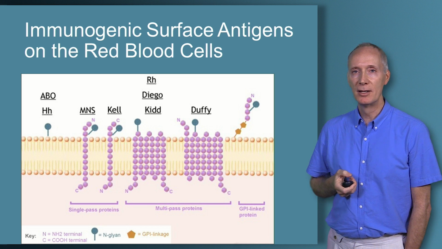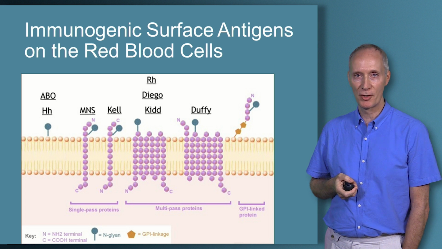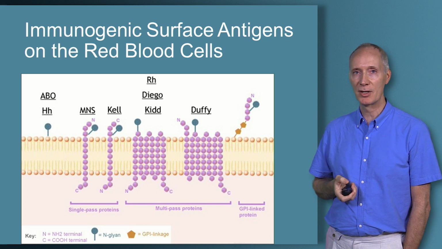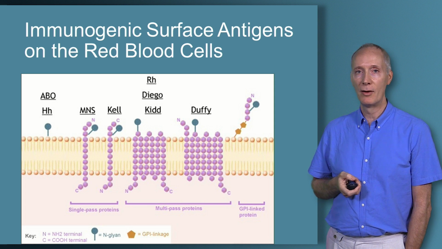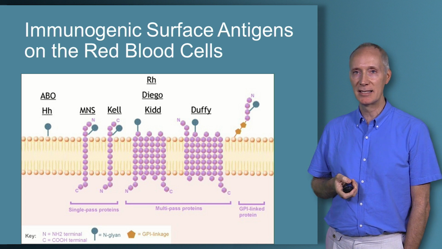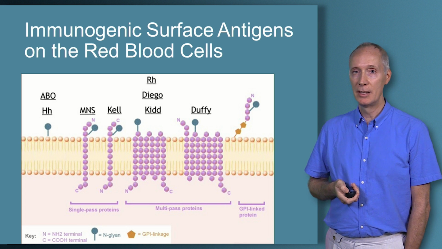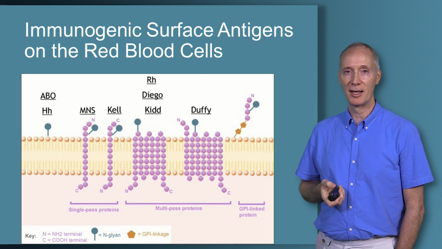Now, what is the crux of the problem? Why does hemolysis occur? It occurs because of these immunogenic surface antigens on the red blood cells of the fetus, and the mother making antibodies against the antigens. These antigens ultimately are responsible for your blood type.